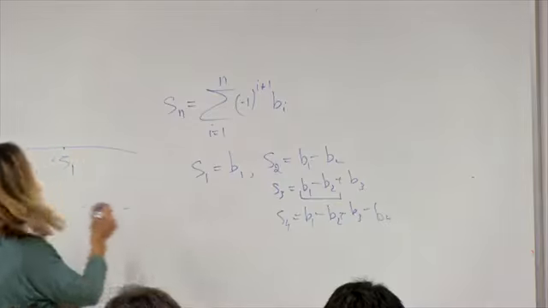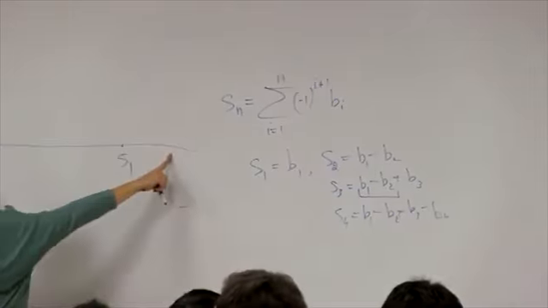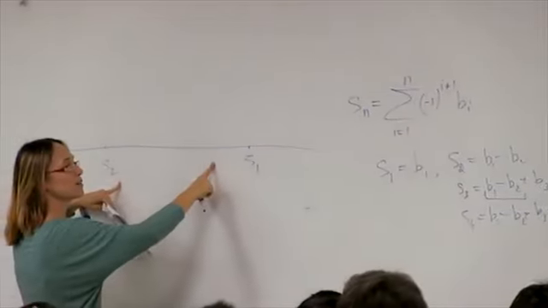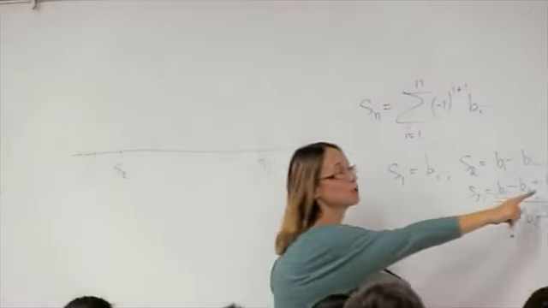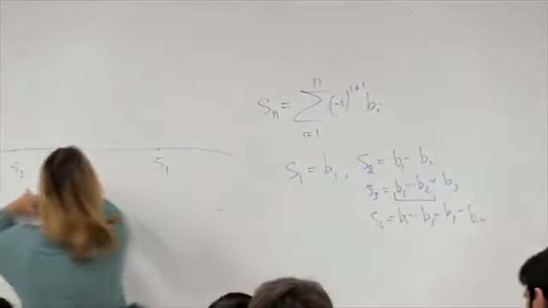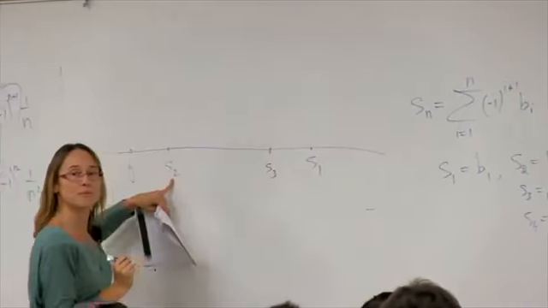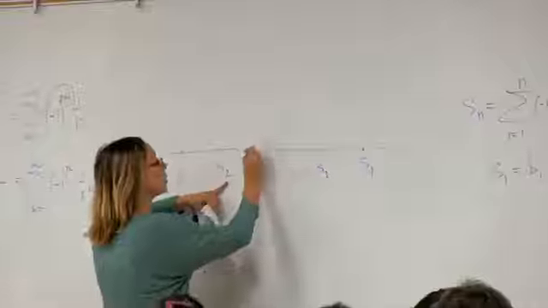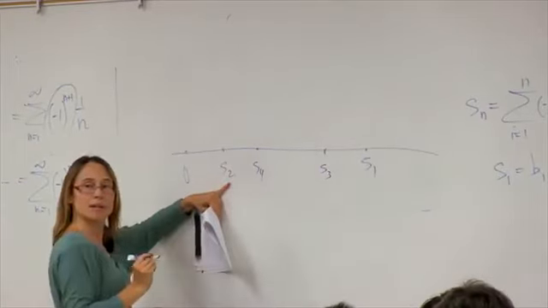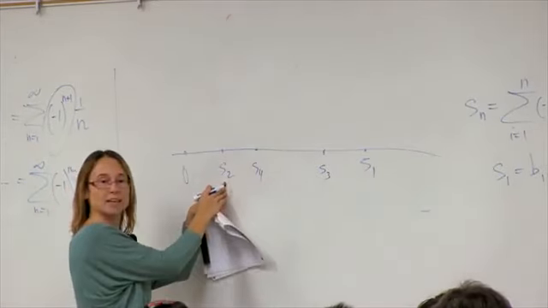But by how much? Because the terms that we add get smaller and smaller, it's not going to go all the way back to S1. It's going to end up somewhere here. So that's S3. S4 is going to be smaller again, but not quite all the way down to S2.